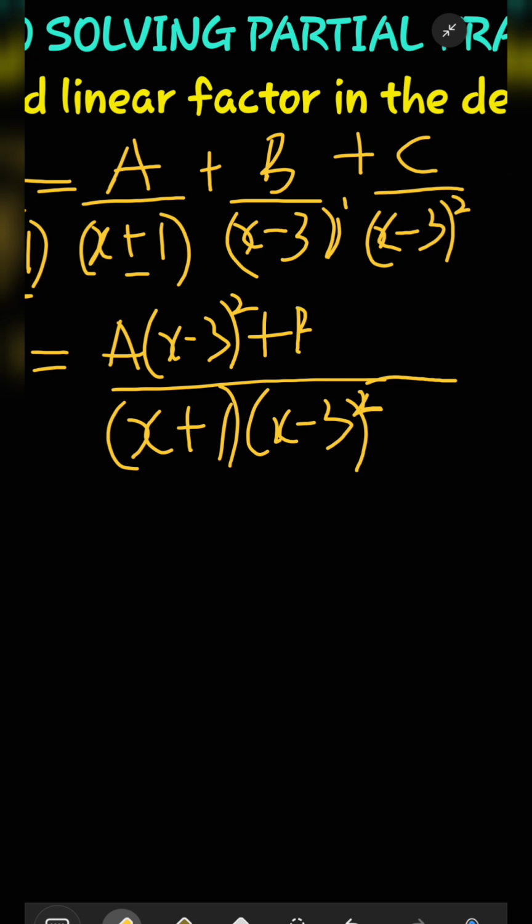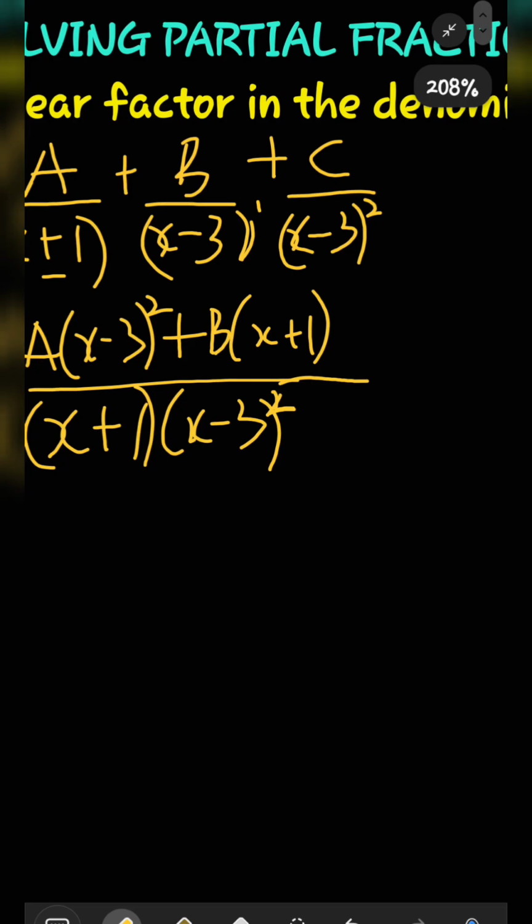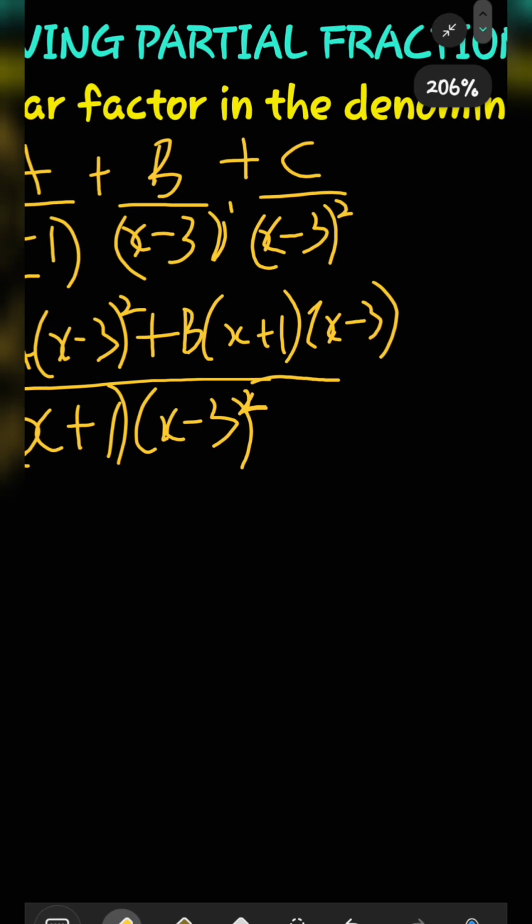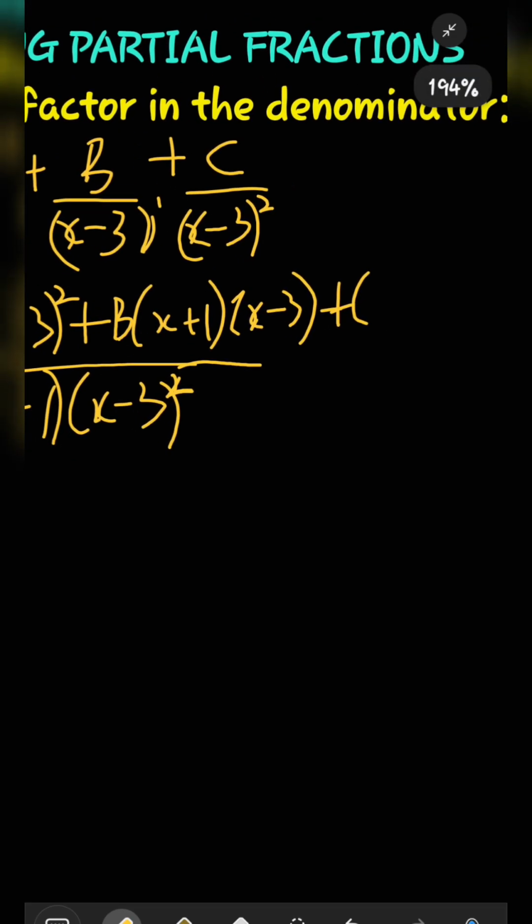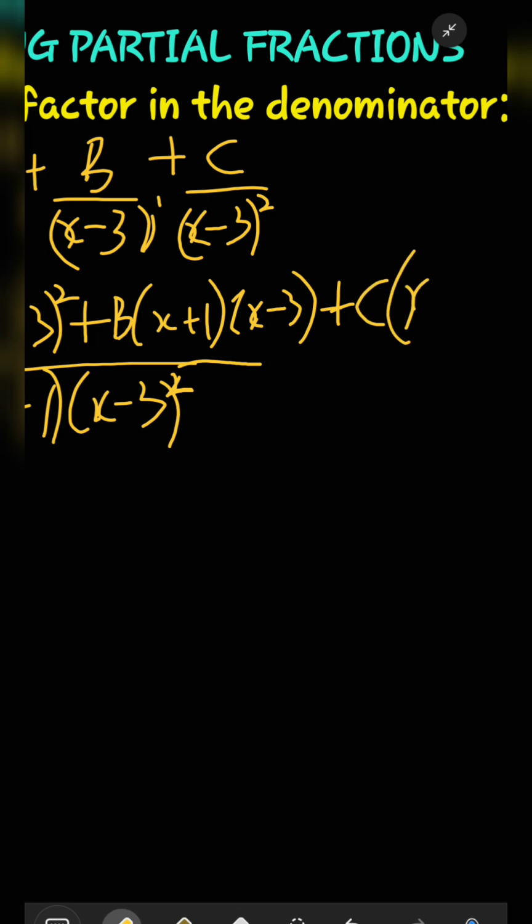So we have b into x plus 1, x minus 3. Then x plus 1, x minus 3 all raised to power 2 goes into x minus 3 all raised to power 2. We'll be left with x plus 1, times c, so we have plus c into x plus 1.